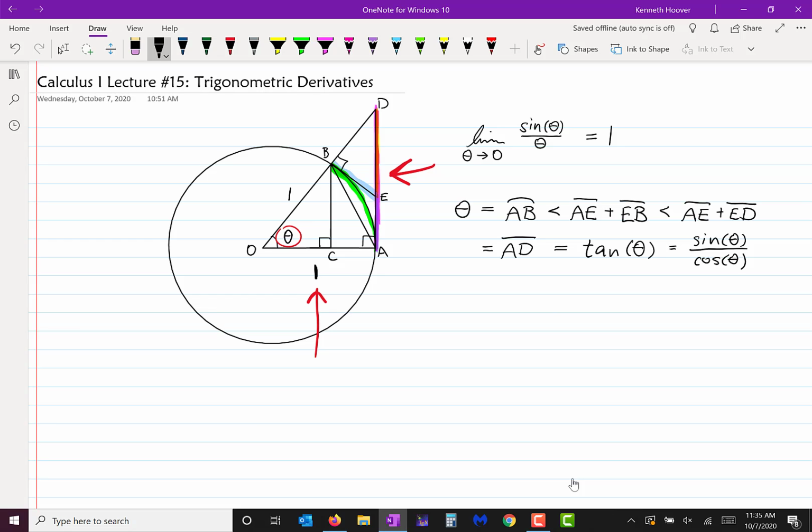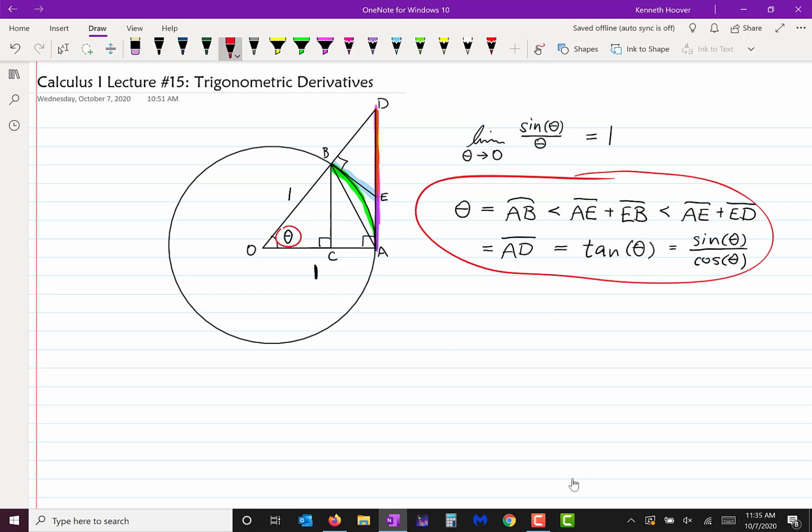Okay, good. So now, look at this. What's that telling me? That says theta is less than sine of theta over cosine theta.